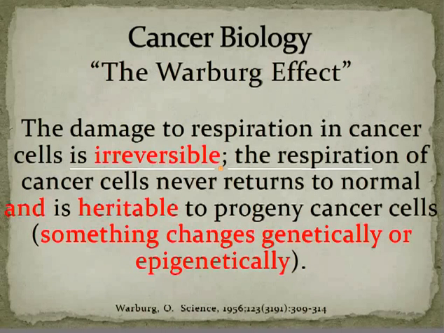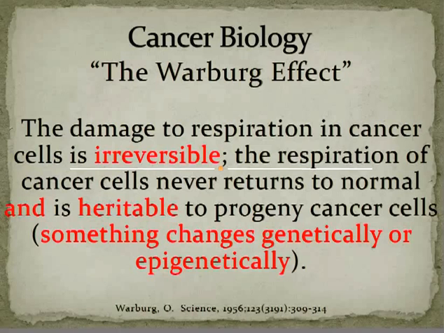So the damage to respiration in cancer cells, he found, was irreversible and never returned to normal and was heritable. So this was a permanent change in the genome or the epigenome that was causing this and the progression to cancer.